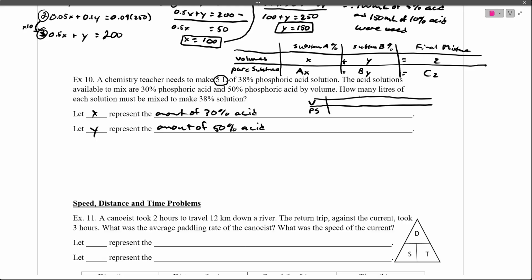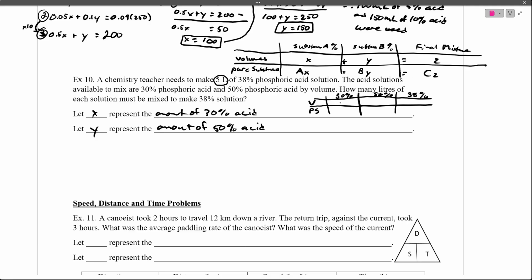So substance A, that's the 30% substance. Substance B is the 50% substance. And we know the final substance has got to be 38%. Those substances, that 30, 50, and 38 are A, B, and C in our bottom row of these setups.